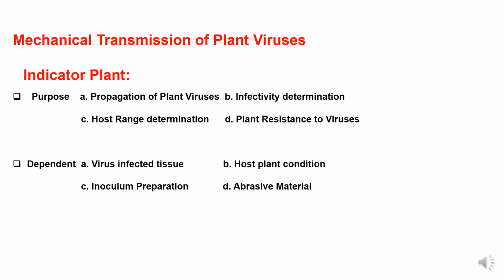Abrasive material is used to create wounds because we know that plant viruses themselves can't enter inside the host. So they need some kind of wounds, and these wounds are created through the abrasive material.